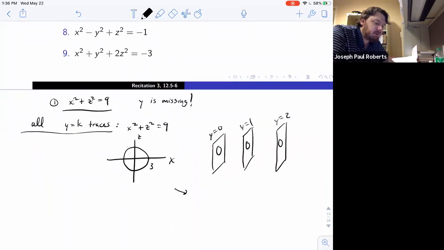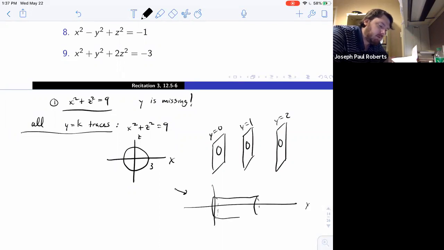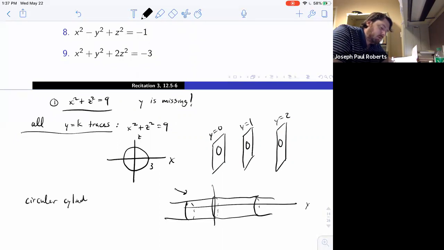which means that when I stack all these up, I get a circular cylinder around the y-axis. So circular cylinder, radius 3, around the y-axis.